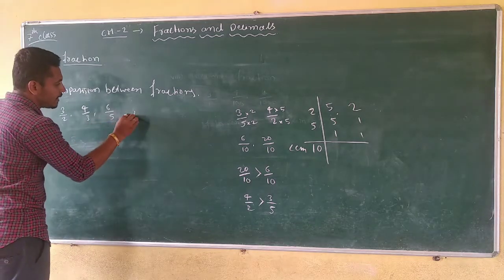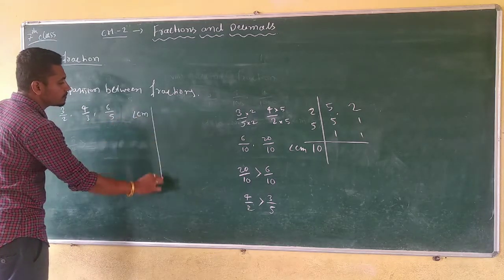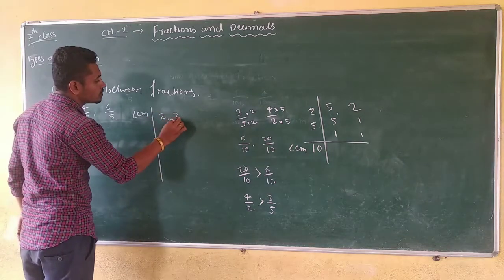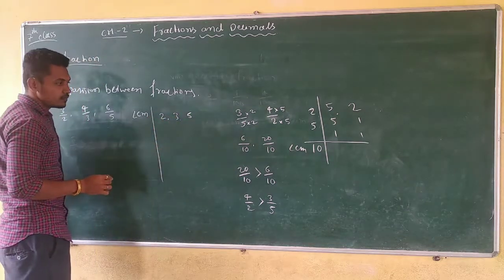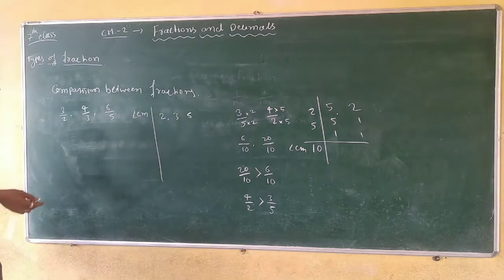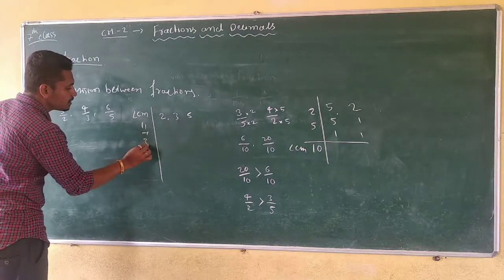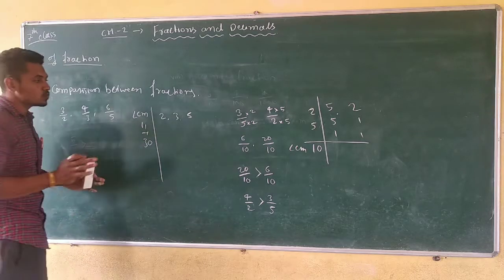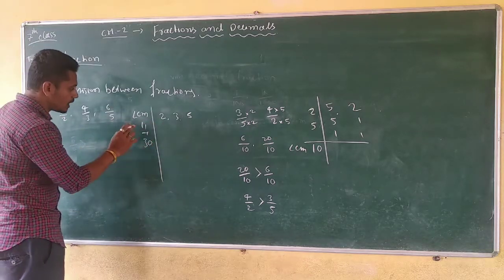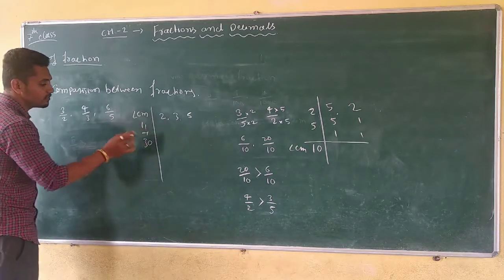At that time you have to take the LCM of 2, 3, 5. 2 3s are 6, 6 5s are 30. So our LCM is 30. You know how to find the LCM from our earlier classes, so I write directly that the LCM is 30.